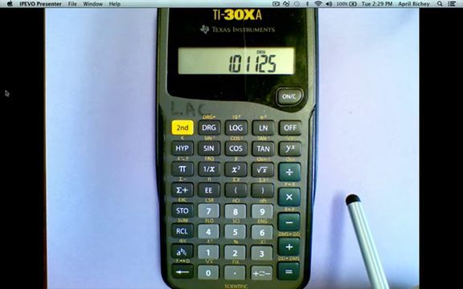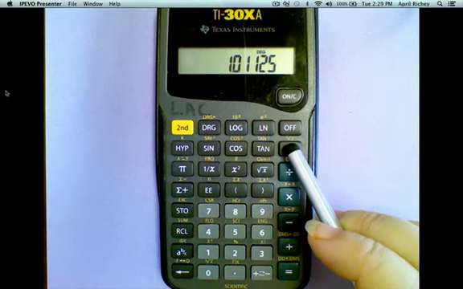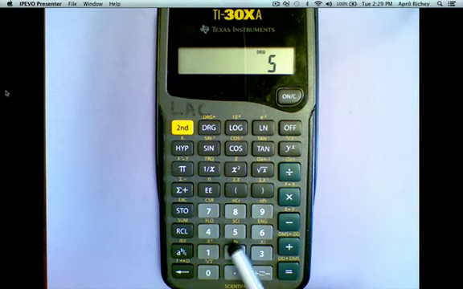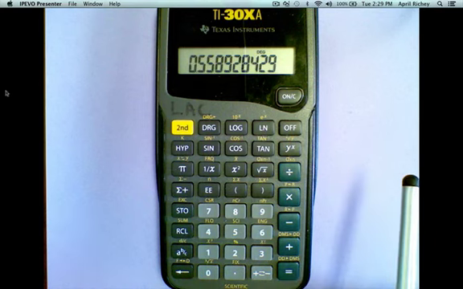Leave that in your calculator and raise it to the negative 52 power. So I'm going to first hit my exponent key, the y to the x, and then I'm going to type 52, and then my plus minus key to make that negative, and hit equals. And this gives me 0.5589, and that decimal continues on.